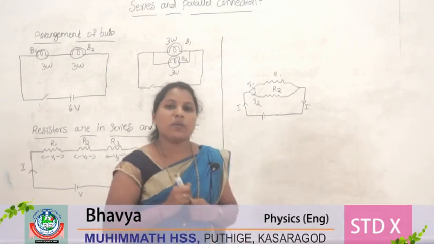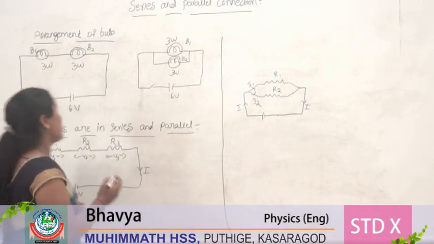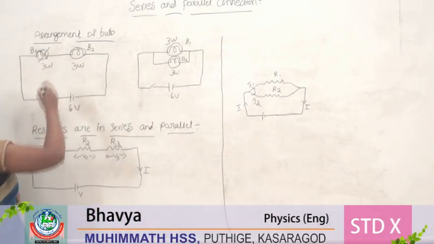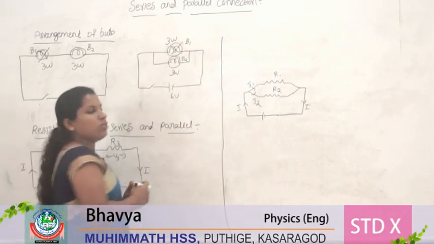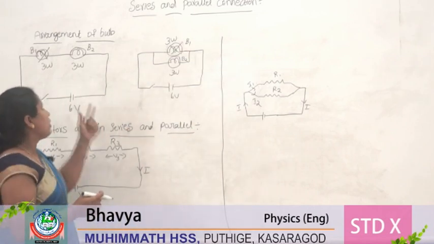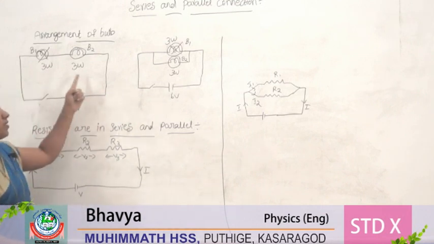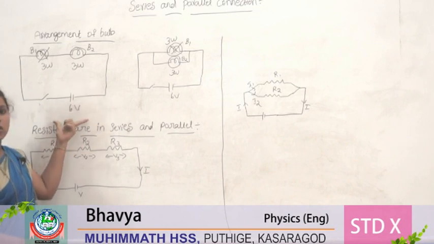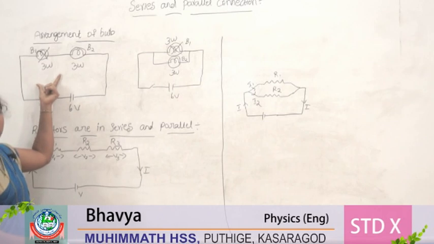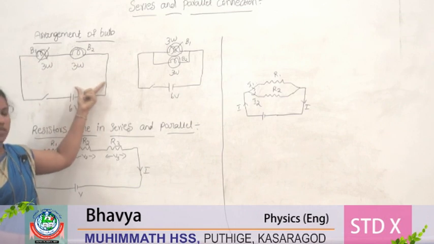Okay, now remove one bulb from both circuits: the B1 bulb in the first circuit and the B1 bulb in the second circuit. If you remove the B1 bulb and current passes, does the B2 bulb glow? No. In a series connection, if any one bulb is not glowing, the other bulbs do not glow either, because current is not passing.